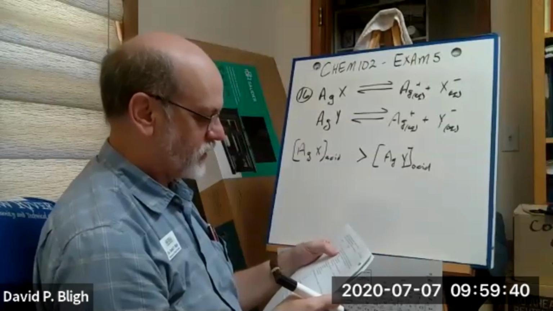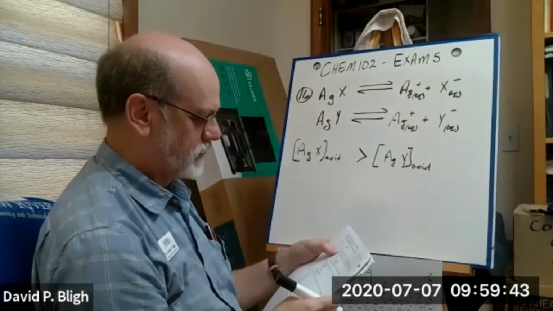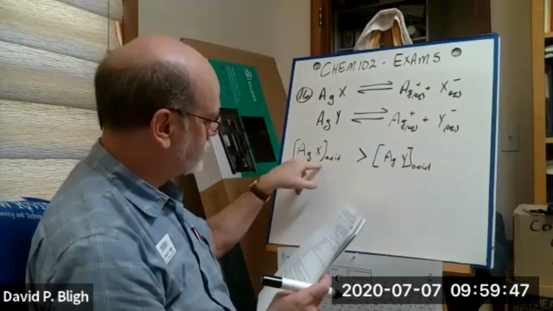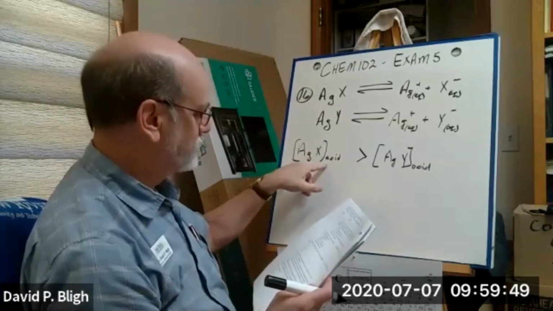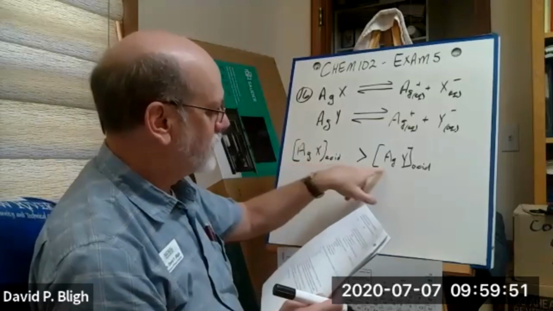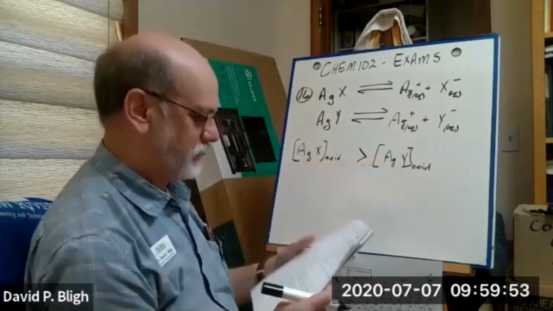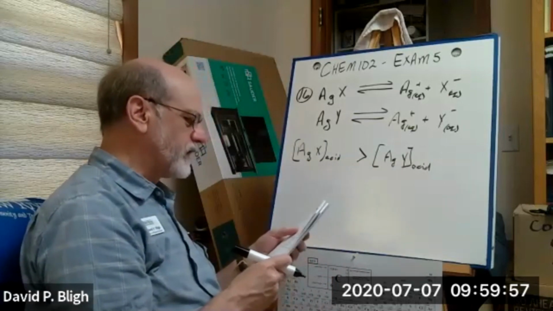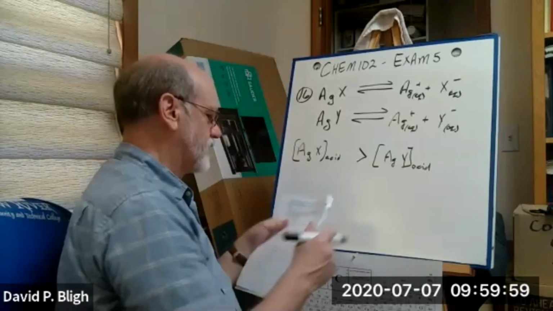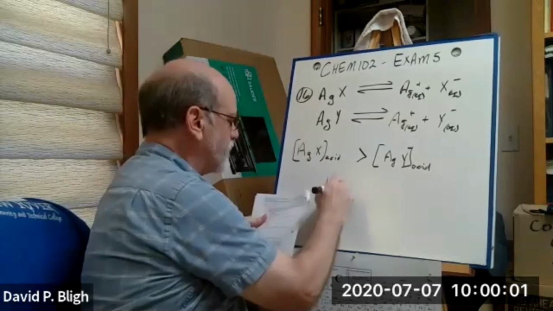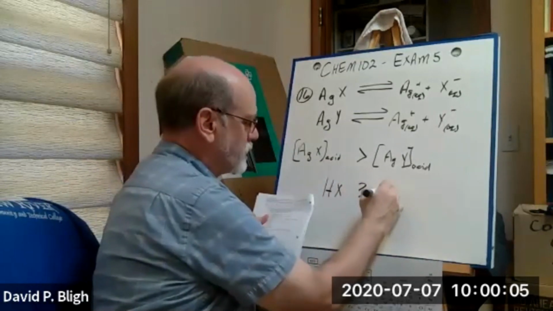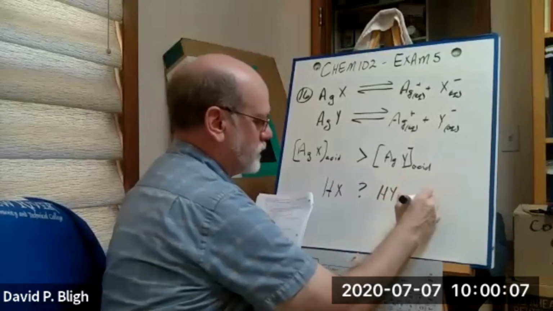Let me be sure that's what it said. This one's more soluble in acid. Yes. Okay, so the solubility of this one in acid is greater than that one. Okay, what can we say about the relative strengths of these acids? What's the relationship of this one to this one, strength-wise?